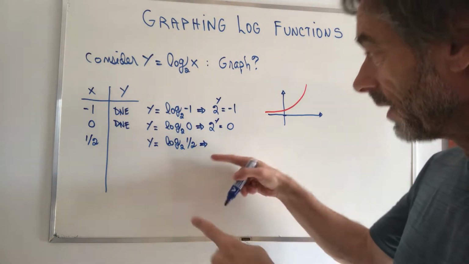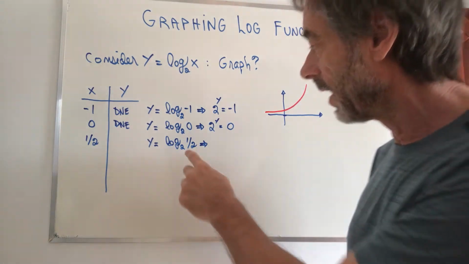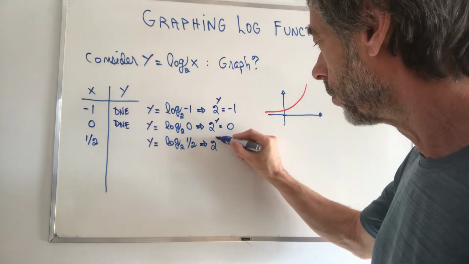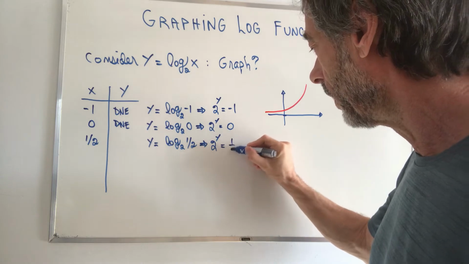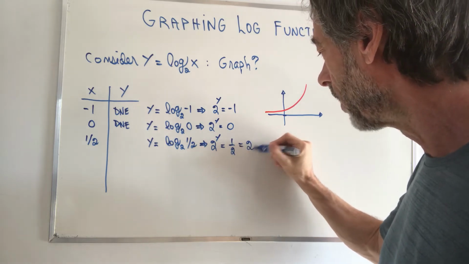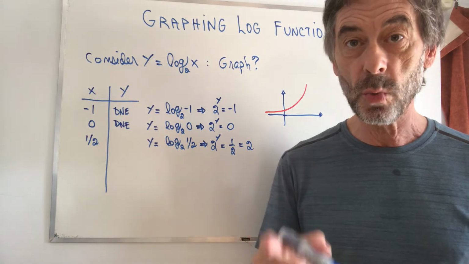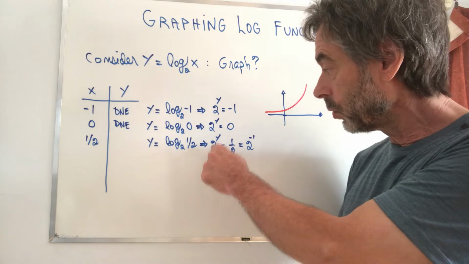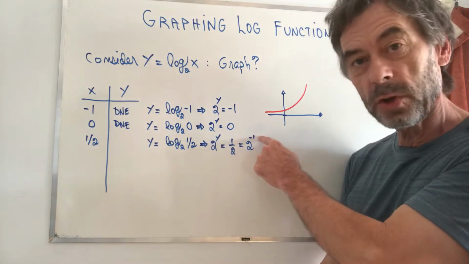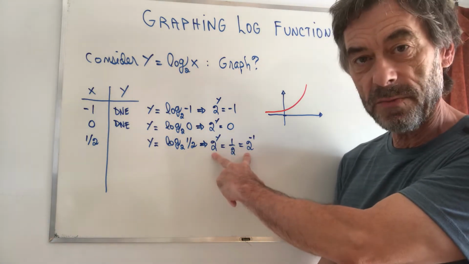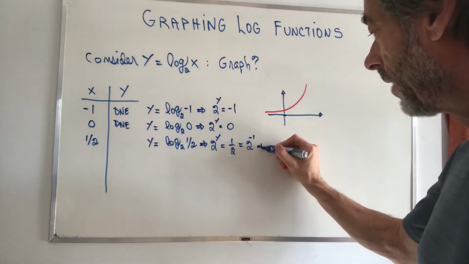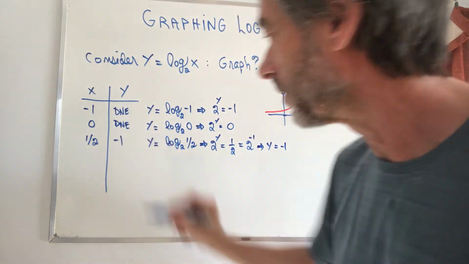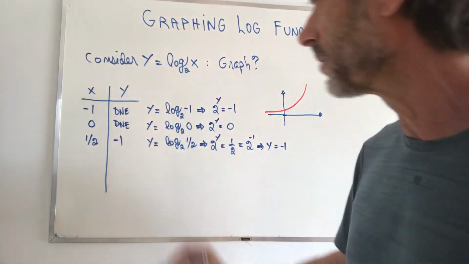So let us change this to an exponential as I like to do. 2 to the y is 1/2. But 1/2 is the same as 2 to what power? -1. Aha! 2 to the y is equal to 2 to the -1. The bases are now the same. What's the value of y? -1. Finally, a value for this graph when x is 1/2.